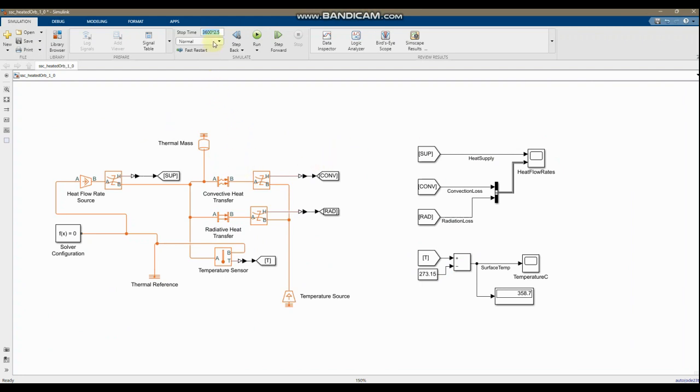And if you set some such time and run it and don't see the plot behavior that you would have expected to see, then you would have to change the stop time. But without that knowledge of what to expect, you don't know what stop time you need to run it for.